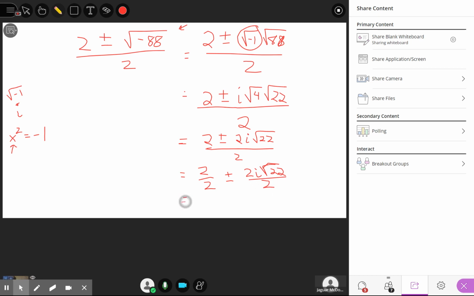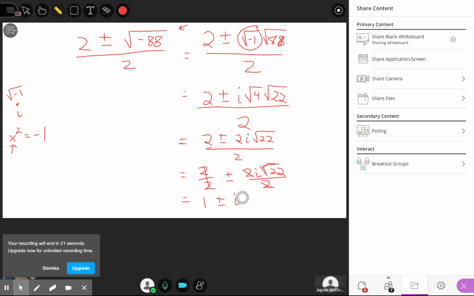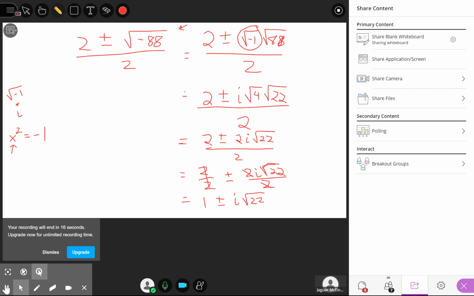Now we can simplify: 2 divided by 2 is 1, plus or minus, and these 2s cancel. So we have i root 22. Your answer.